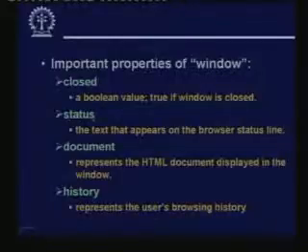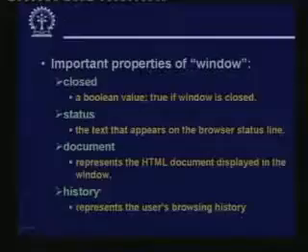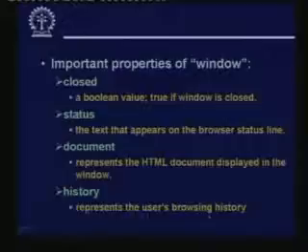Status is a property which contains a character string, which is displayed on the status bar of the window on top. Whatever is displayed there, that is contained in the status property as a string. Document, you already know, this represents the document that is being displayed inside the window. History, this also you have seen, represents the user's browsing history. So, the list of the URLs as has been visited by the user in the axis of time.